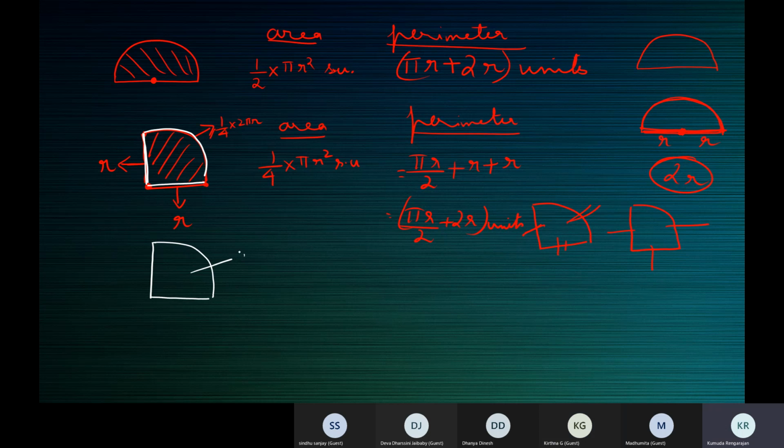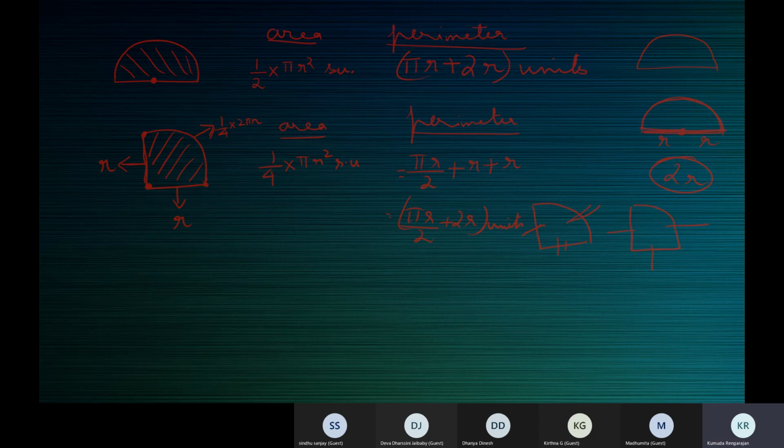This is what we call a quadrant. It may not be mathematical language, but this is our own language to understand it. So you have a stick like this, another stick like this, and an arc. If you put them together, it makes a quadrant.